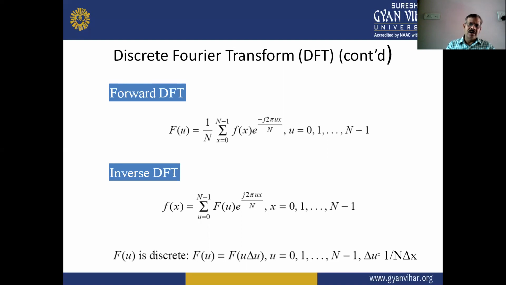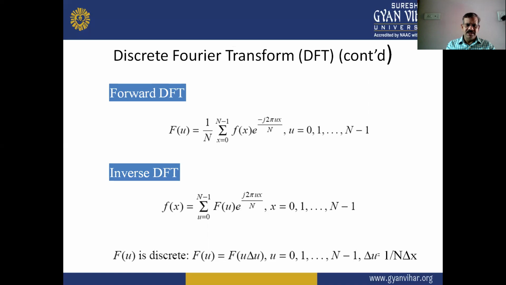And the next one is the inverse discrete Fourier transform, the inverse DFT. So f(x) equals the summation of u equals 0 to n minus 1 of F(u) into e to the power j 2 pi ux upon n, where x equals 0, 1, 2, 3, up to n minus 1.